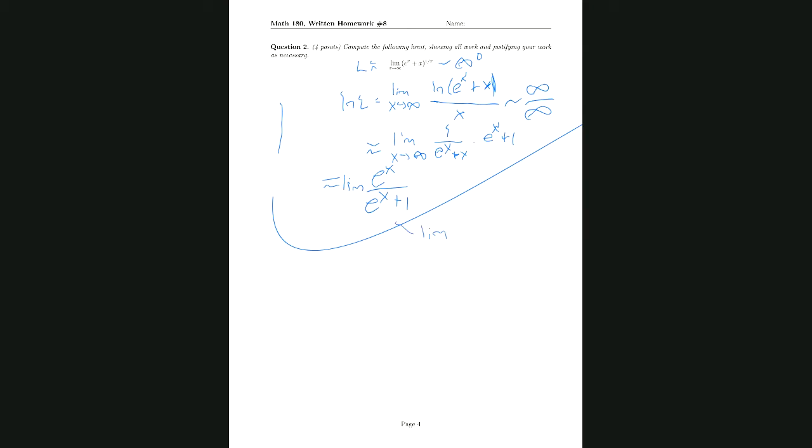And then you'll just get e to the x over e to the x. Though this is infinity over infinity, they're the same term, so you can cancel them out. And you can basically just say that e to the x over e to the x is 1. Yeah, and then you're good, right?